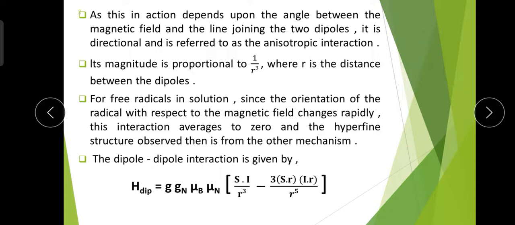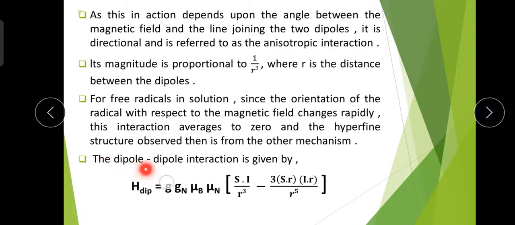That means if we consider a free radical solution, the free radicals have orientations in different directions, and if we take the average of these different orientations, we get 0. Therefore the hyperfine structure observed from this interaction is 0, or there is no hyperfine structure from it, but still in ESR spectra we get the hyperfine structure, and this hyperfine structure is observed due to other mechanisms.